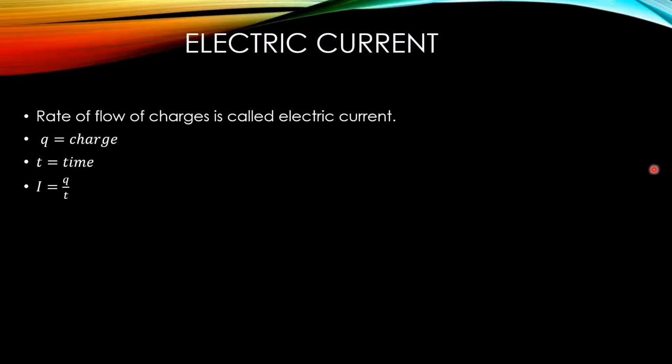In unit time, how many charges are flowing from one end to another end of a conductor is known as electric current. SI unit of current is ampere.